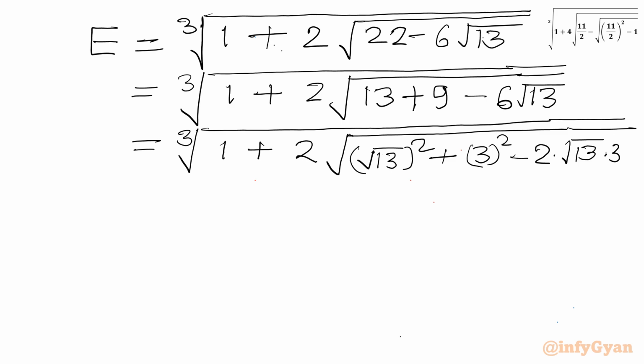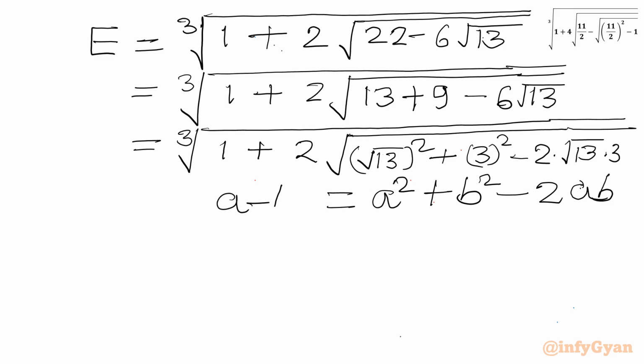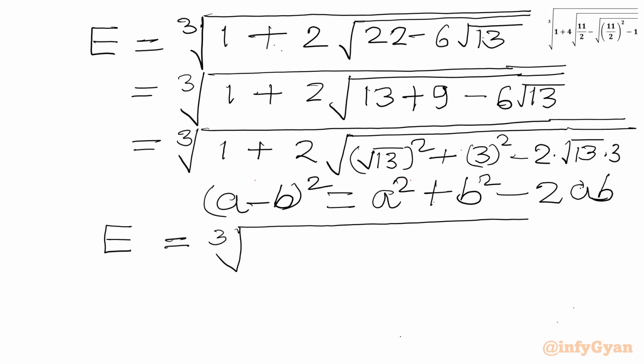Now if I check, it is one identity, a square plus b square minus twice ab, which will be equal to a minus b whole square. So I can write expression E equal to cube root of 1 plus 2 times square root of (root 13 minus 3) whole square.